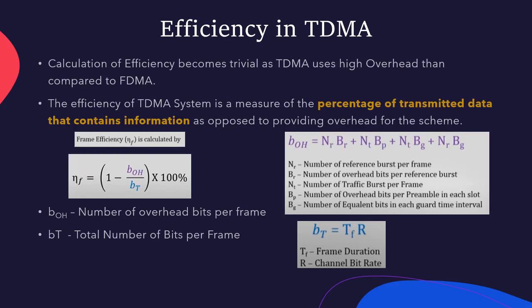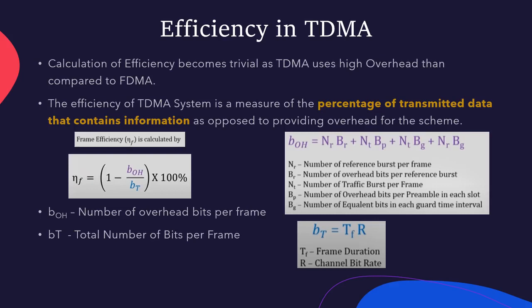NR represents the number of reference bursts per frame. BR represents the number of overhead bits per reference burst. NT represents the number of traffic bursts per frame. BP represents the number of overhead bits per preamble in each slot.